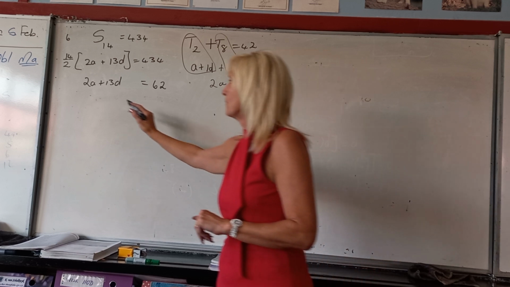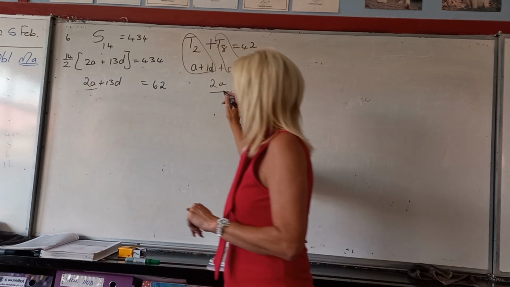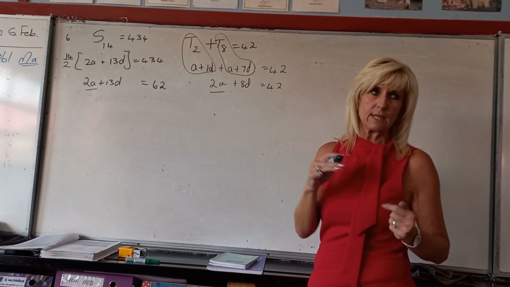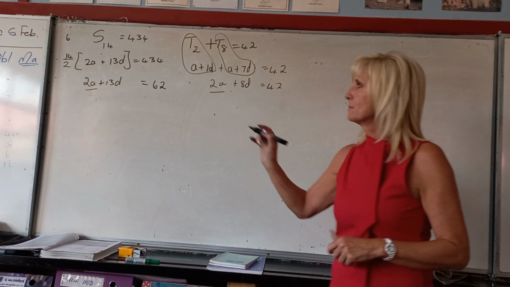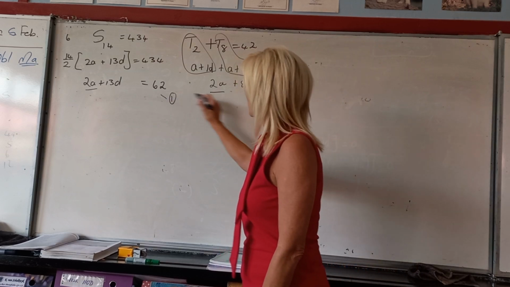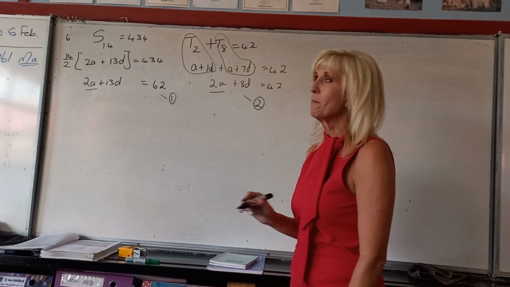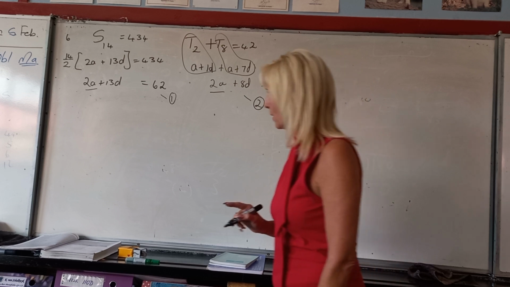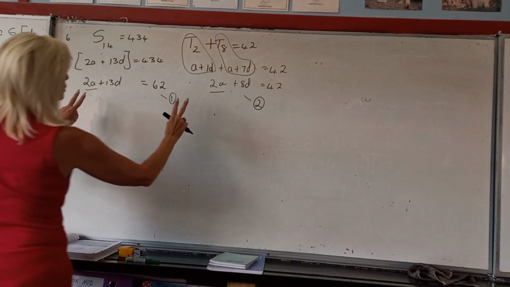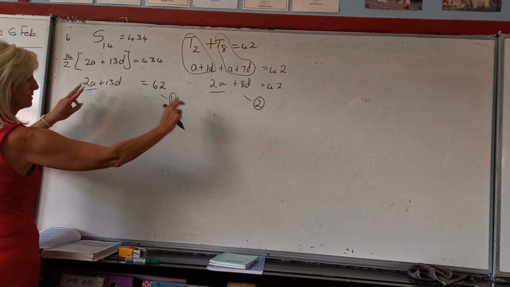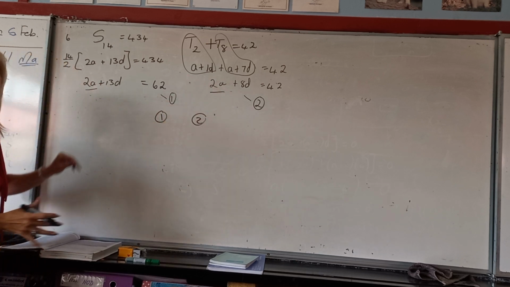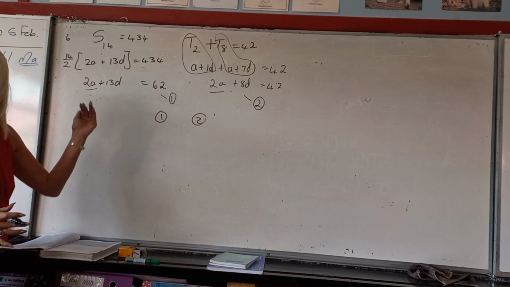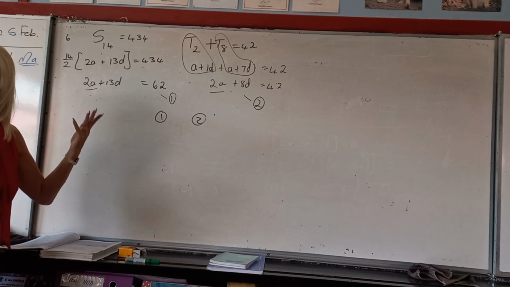I'd like to remind you of another technique. When the two coefficients of either the a or the d are the same, elimination is a very good idea. So I'm going to call this number 1 and this one number 2 and remind you that elimination works this way. When we want to add or subtract, it's either going to be add or subtract those two, so that either the a or the d is eliminated.